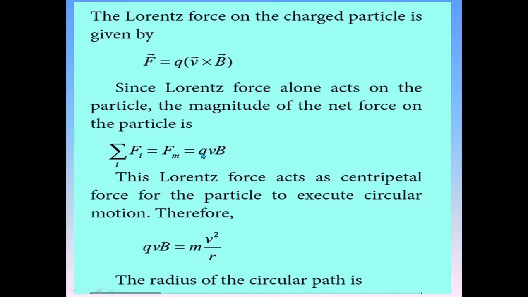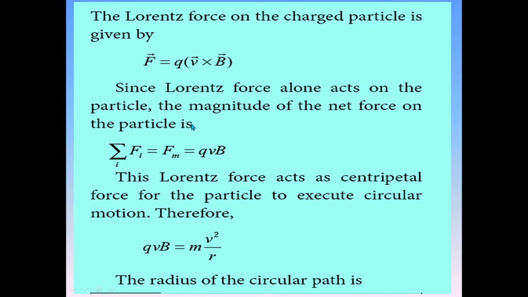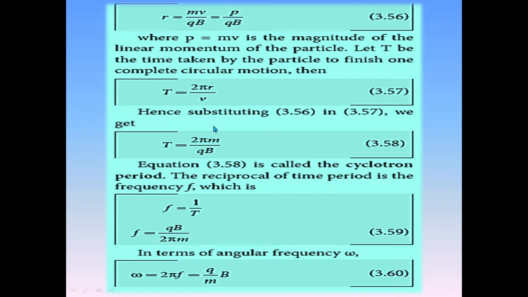Therefore, qvB is equal to the centripetal force, mv square divided by r. One v cancels on both sides. Rearranging, the radius of the circular path is r equal to mv divided by qB.